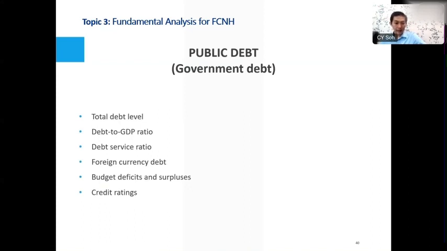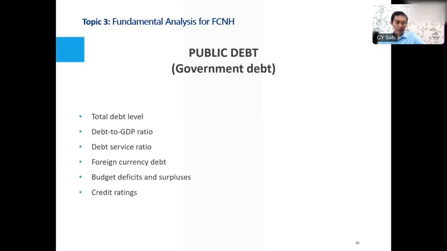Understanding these factors in combination is able to provide you a much more comprehensive view of the government's debt situation.